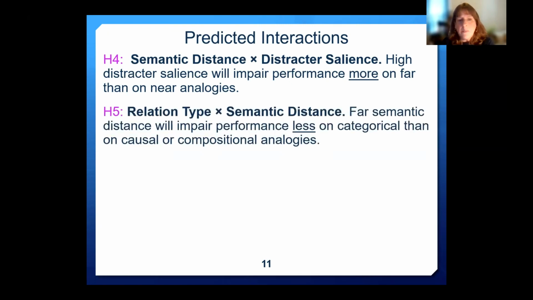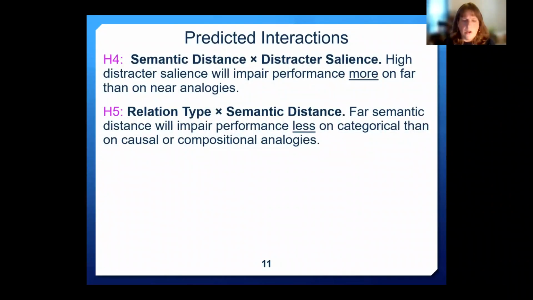And then the next hypothesis, in terms of the relation type and semantic distance, the far semantic distance would impair performance less on the categorical than on the causal or the compositional analogies. And that's simply because of that strong activation for that categorical relation. It's less susceptible to having different domains between the AB and the CD pairs.